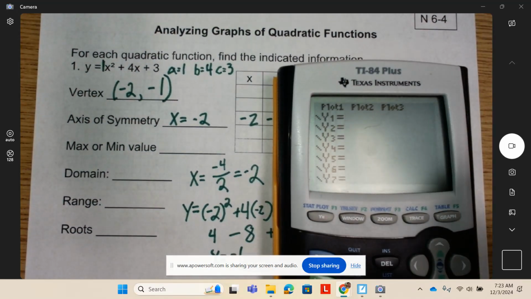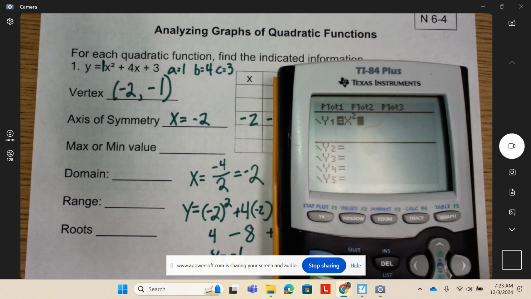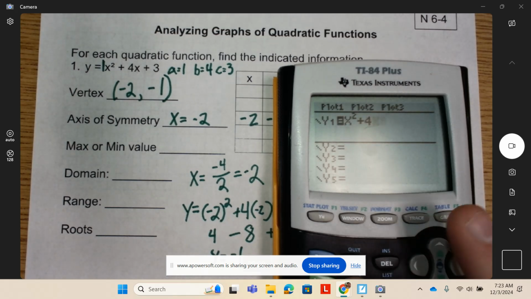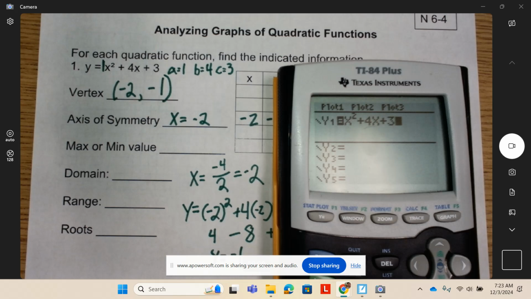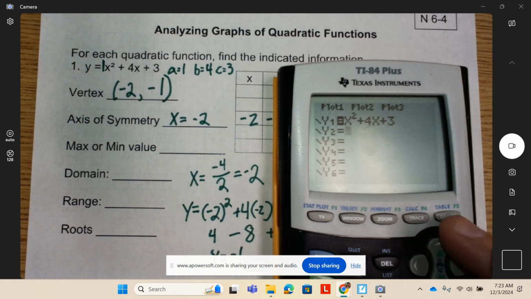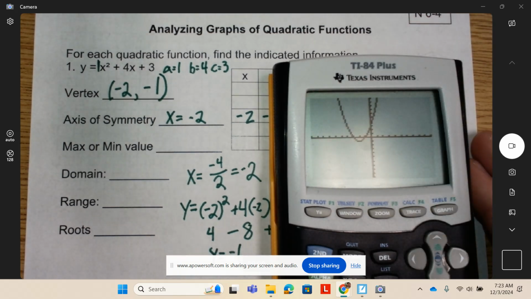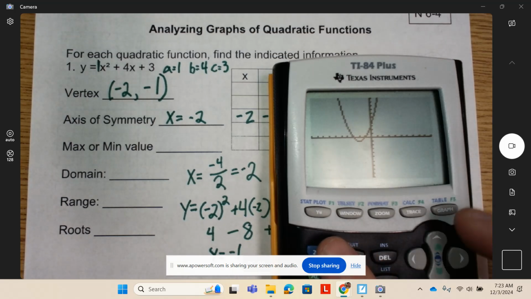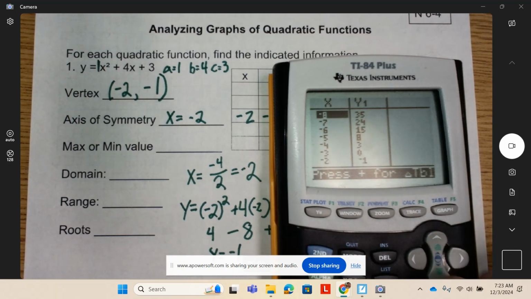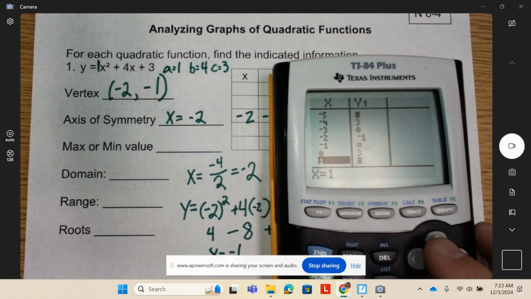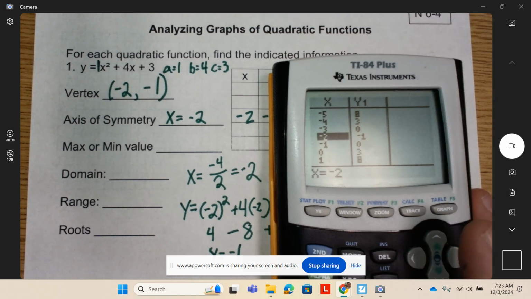From there, we can plug this into our calculator, y equals x squared plus 4x plus 3. I can take a peek at what the graph looks like, but what I'm really looking for is the table. I'll scroll down to my negative 2 and put that in the middle.